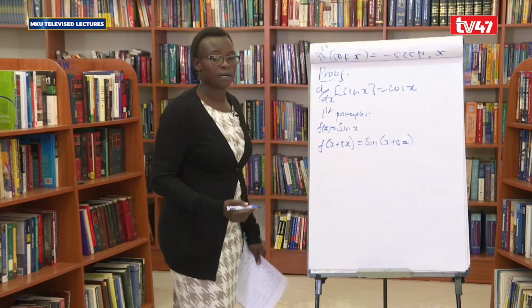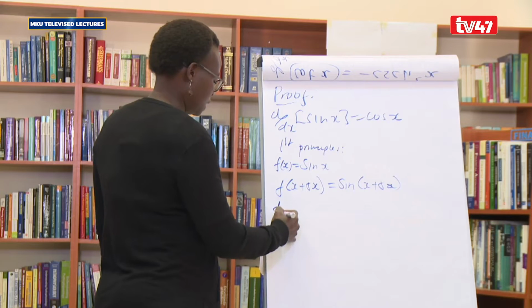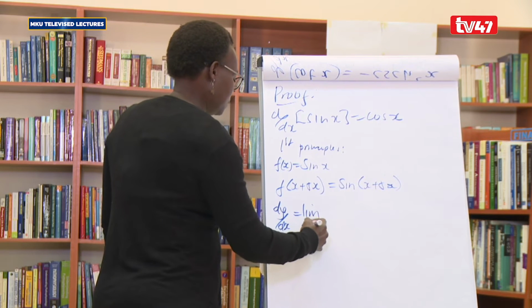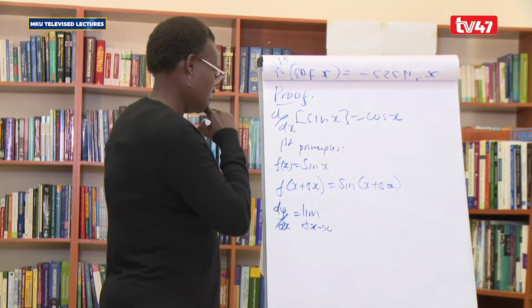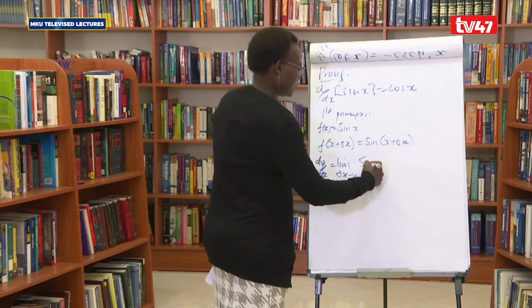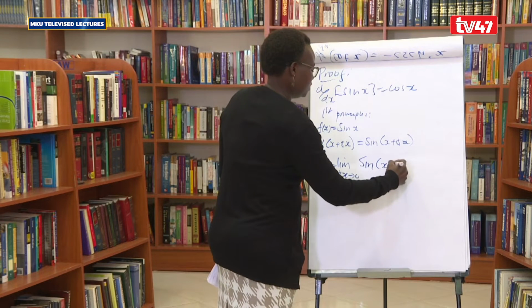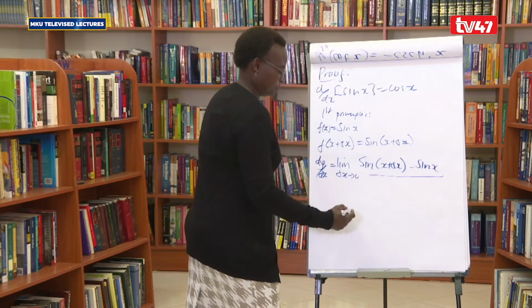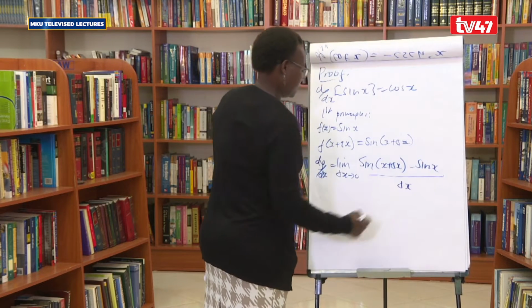Then dy over dx will be the limit as change in x tends towards 0 of sine of x plus change in x minus sine x, over change in x.